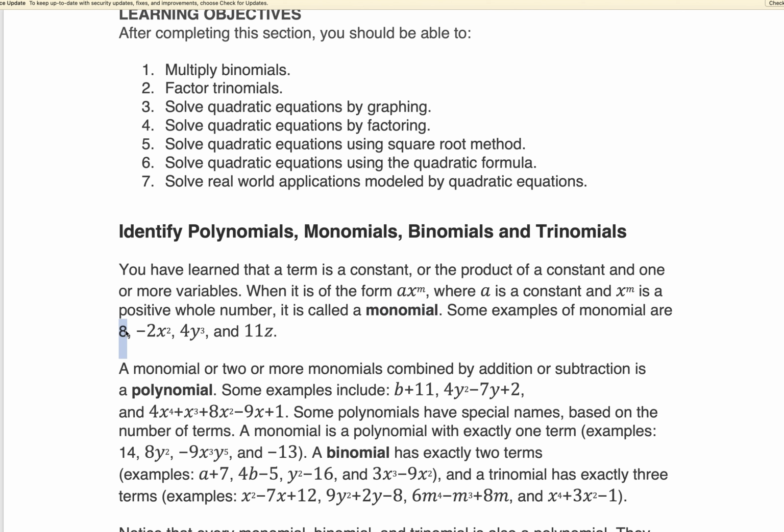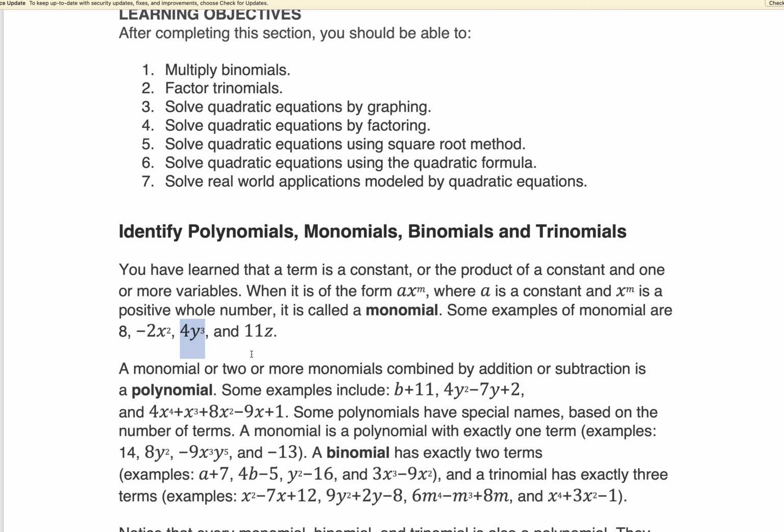This might be a little unusual, but a single number we can call a term too. And this is a term, -2 times x squared. The coefficient is -2, x raising to the power 2. And the other terms should be easy to recognize.